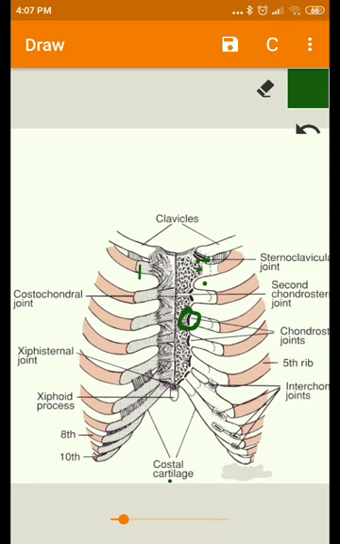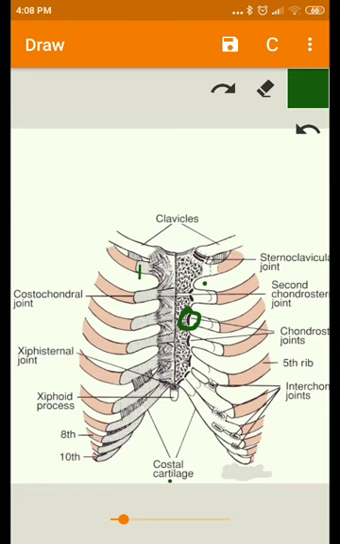From second to seventh, the costal cartilages articulate with the sternum, forming synovial joints. Each joint has a capsule and a single cavity, except the second joint.